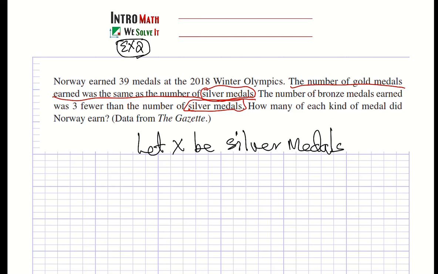So the number of gold medals will be x too. That's what that is saying.